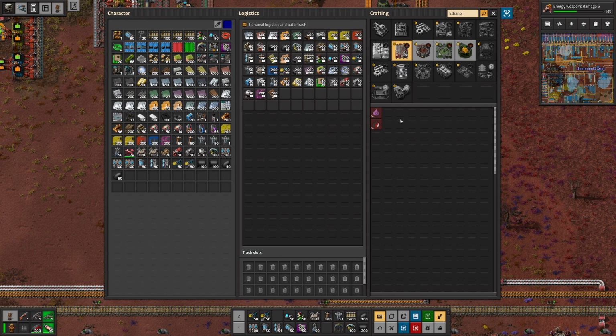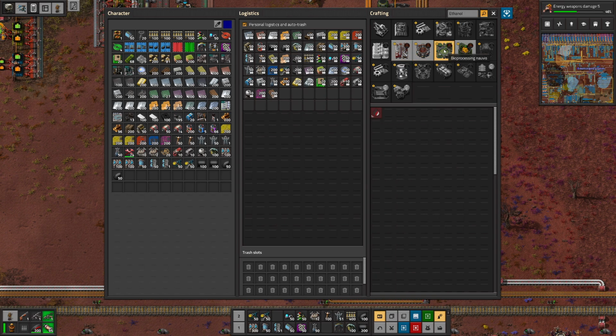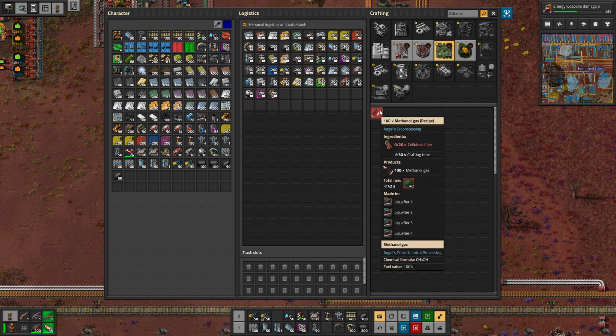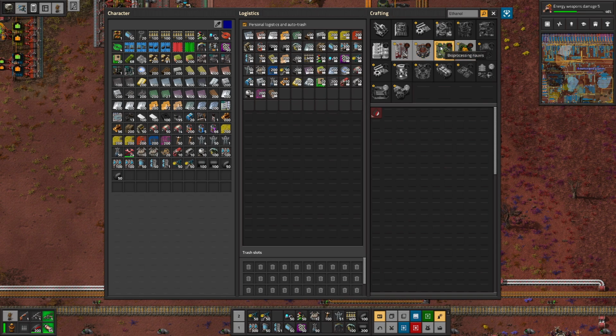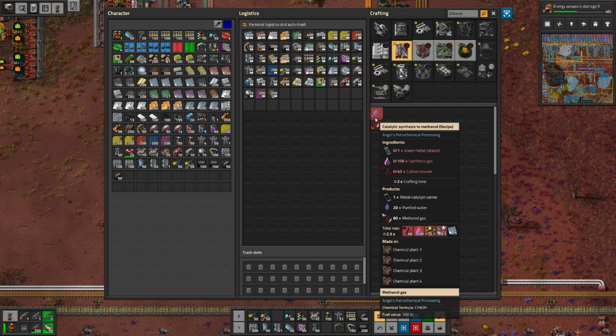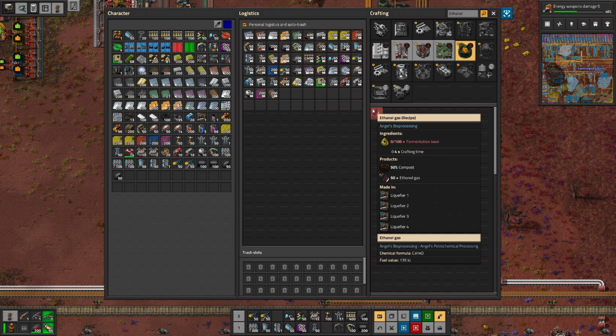Is it a byproduct of any process? It is a byproduct of a fermentation process to make compost. That is it? Fermentation base.